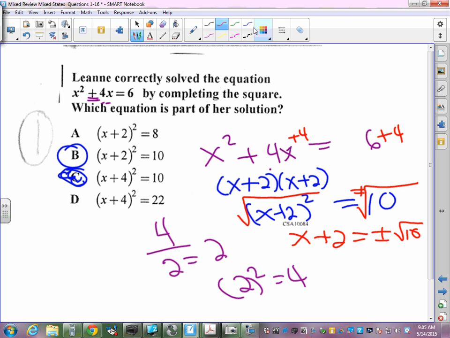The final step in solving for x would be what? Subtract 2 from both sides. So it gives you x is equal to negative 2 plus and minus the square root of 10, if you had to go that far with it. Quadratic formula does the same thing. But anyway, this kind of goes with that. And quadratic formula is actually derived from completing the square.